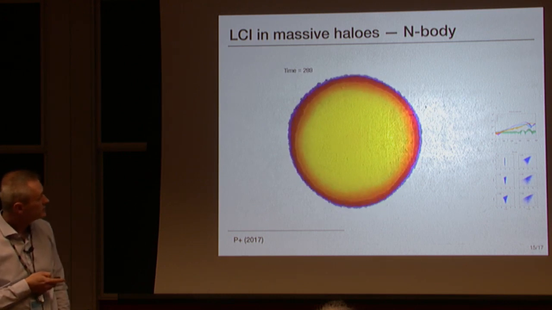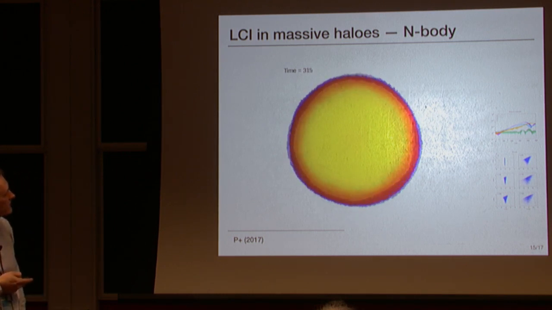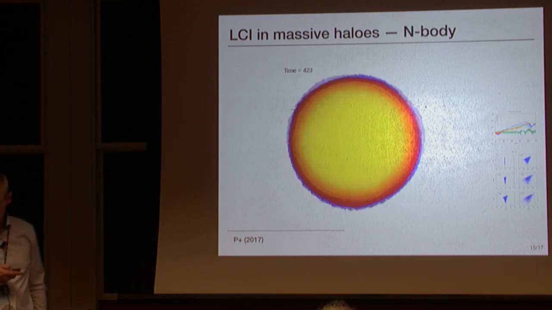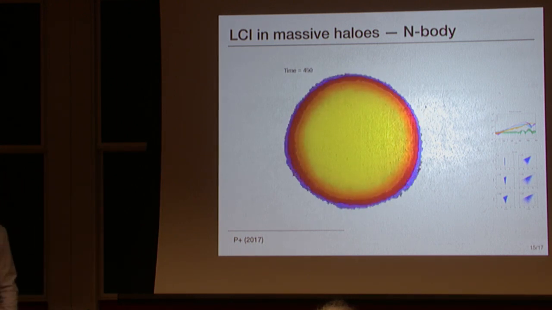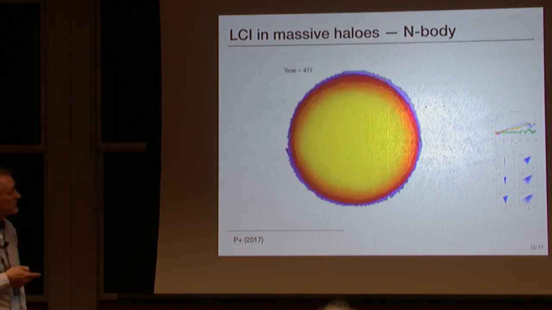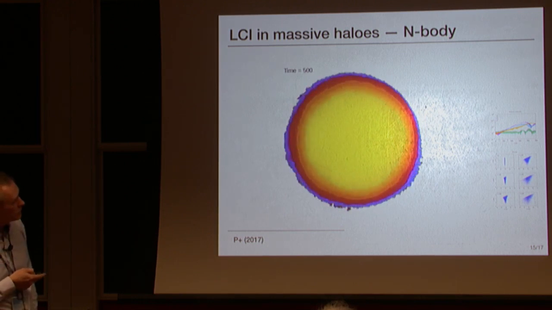So it looks like this. And you see, unlike radial orbit instability, it almost preserves its shape.